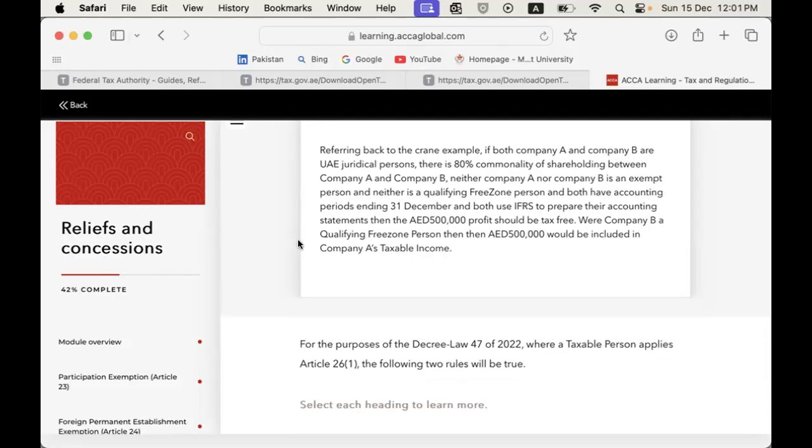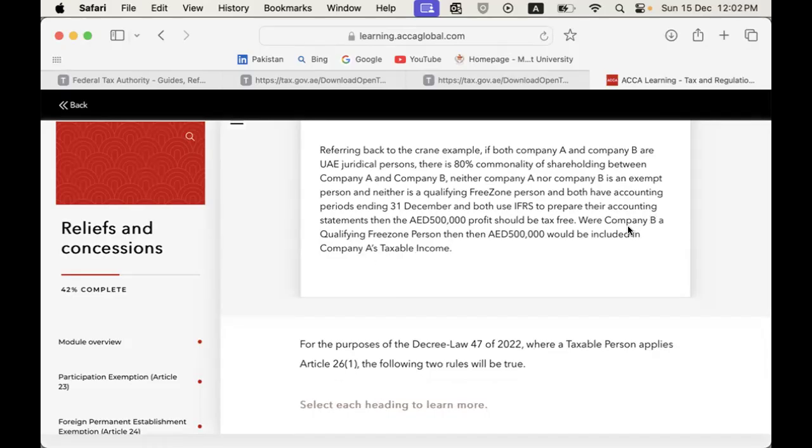Were company B a qualifying free zone person, then AED 500,000 would be included in company A's taxable income.